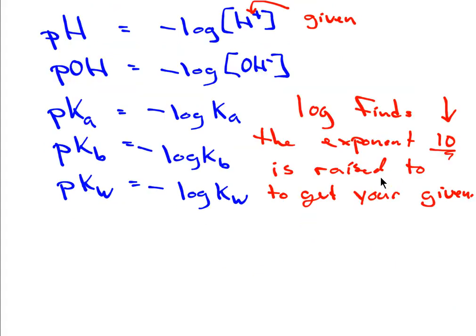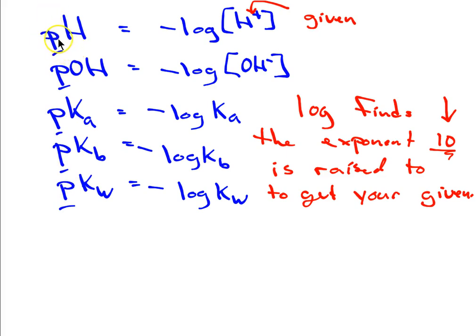Now, this is probably a little out of order, but whatever. We're going to talk about pH here in a second, but in this class we will also talk about pOH, pKa, pKb, and pKw. That's a lot of stuff, but you'll notice it's all the same math. In science, if we take P, we are finding the power of whatever's left.